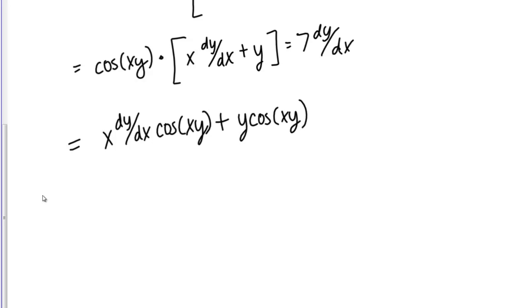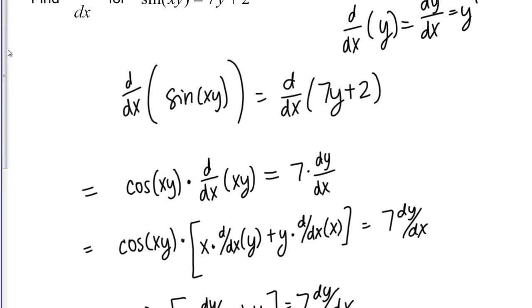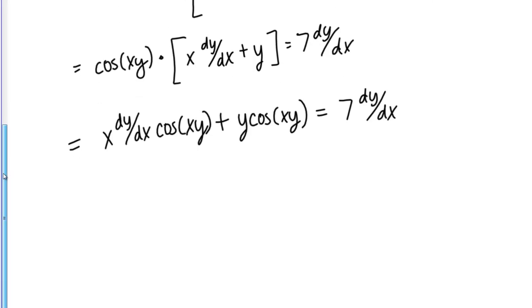I just distributed that cosine to both terms inside the parentheses. And then on the right-hand side, I have my 7 dy/dx. Now we're not done yet. Even though we've taken the derivatives, we haven't solved for dy/dx. And the directions say to find dy/dx. Right now my dy/dx is all mixed up in everything. So how am I actually going to solve for it?